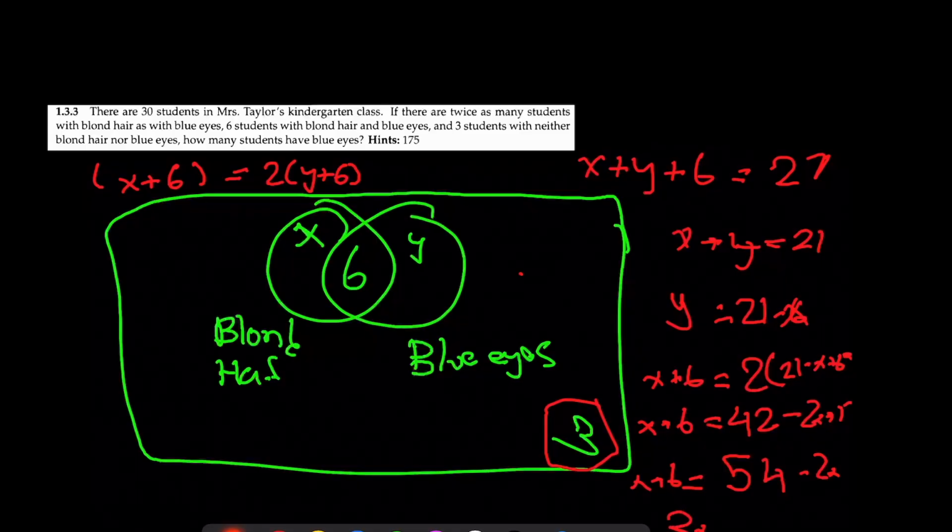This gives us 3x is equal to 54 minus 6, which is 48, or x is equal to 16.